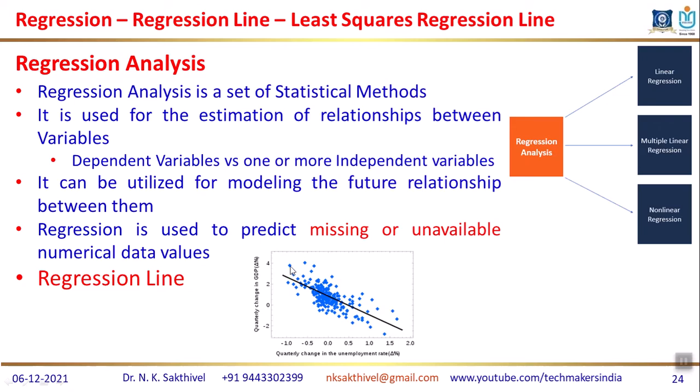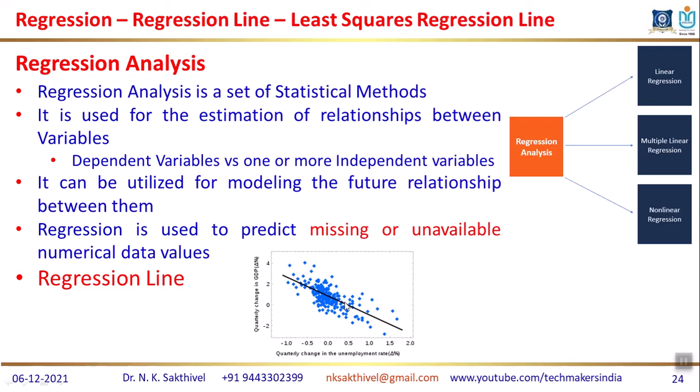So there is one input, the second input, the third input, and like this tens of inputs. Then I want to make a line, called the coefficient line, that is the regression line. This line is used to predict unknown data, or to predict missing data which is not available.